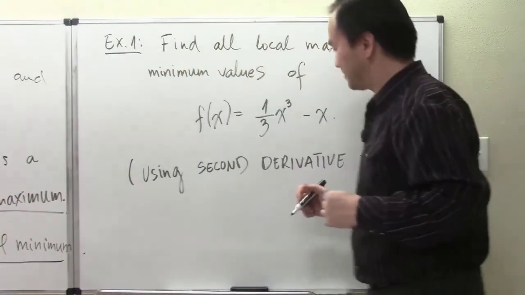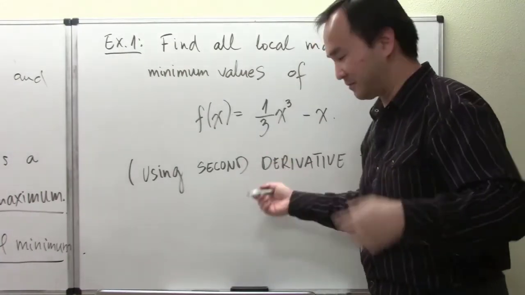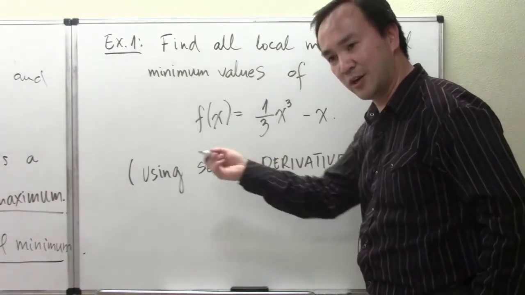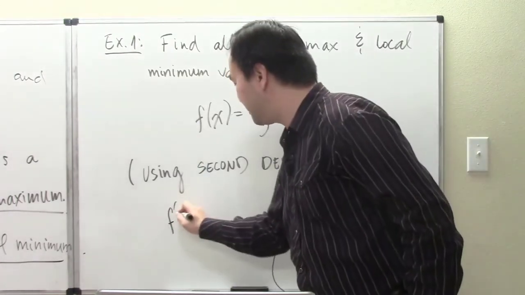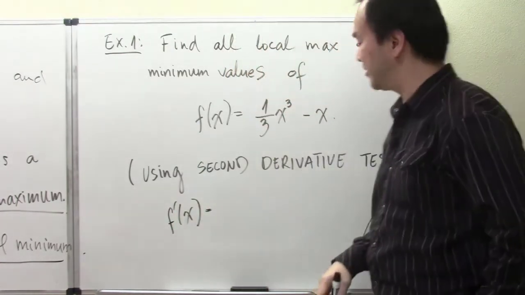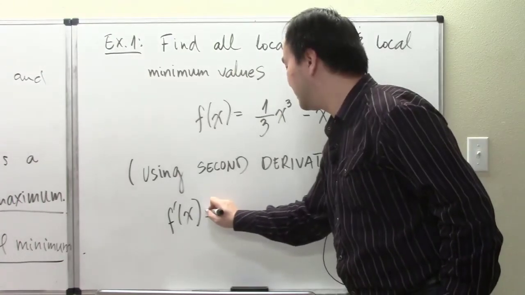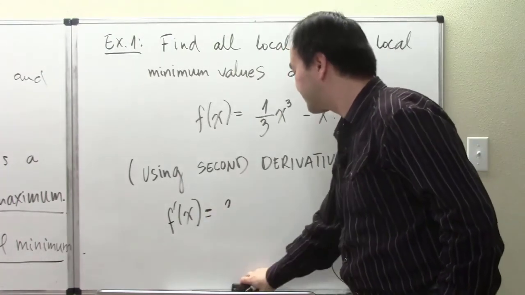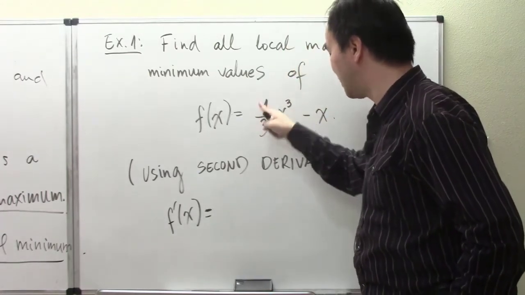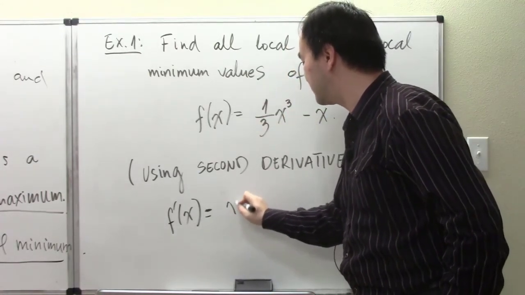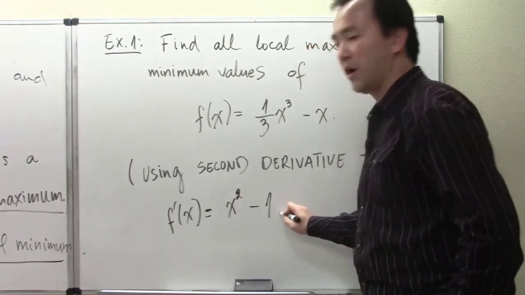From there, we apply the next step to decide which is the maximum and which is the minimum. So my f prime here, taking this derivative, the 3 multiplied together, the 1/3 cancels out, and it gives me x squared minus 1.